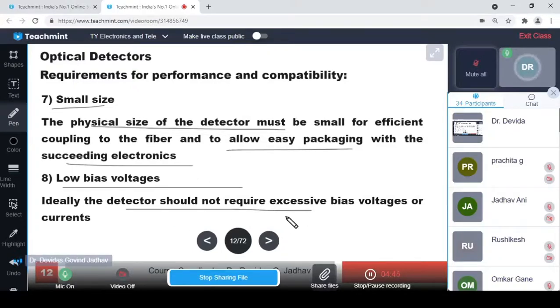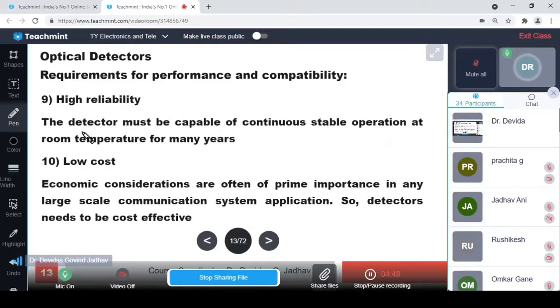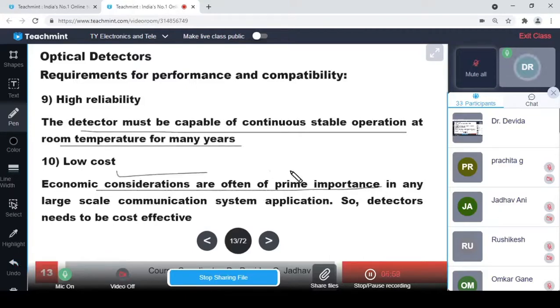High reliability should be there; the detector must be capable of continuing to work at room temperature for many years. Low cost should be there, because economic considerations are of prime importance. Large scale communication will be affected by the component price, and the detector should be cost effective. These are the stringent requirements, and they are very much the same as for the sources.